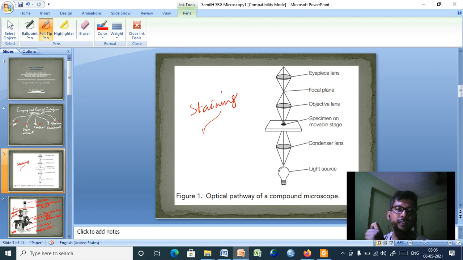Either we can stain by single stain using a homogeneous or uniform type of tissue, or we can use double stain to differentiate various types of tissue architecture.